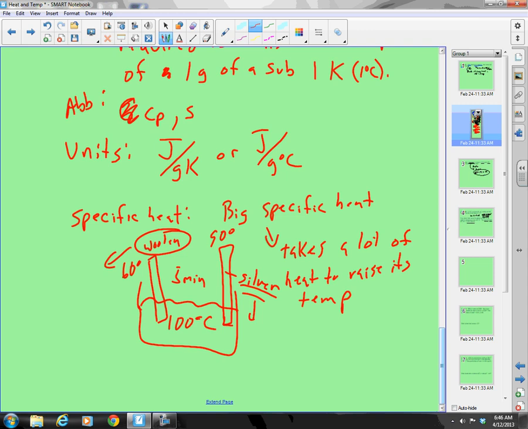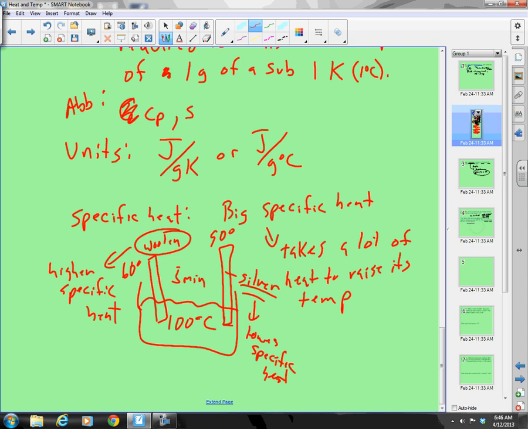That means the silver has a lower specific heat, because it takes less heat to cause the temperature to rise. This guy takes a lot more heat to raise its temperature, so it has a higher specific heat. Okay, just kind of to give you something to chew on there.